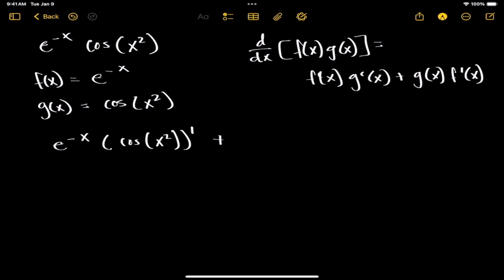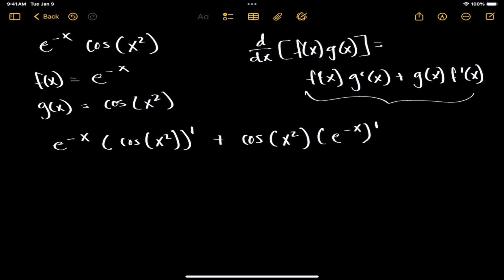And we're going to add, and then we just rewrite the cosine again. And then my prime of e to the negative x. And don't forget the prime there. All right, so all we did was follow this rule: f of x, g prime of x, plus g of x, f prime of x. And that's it.